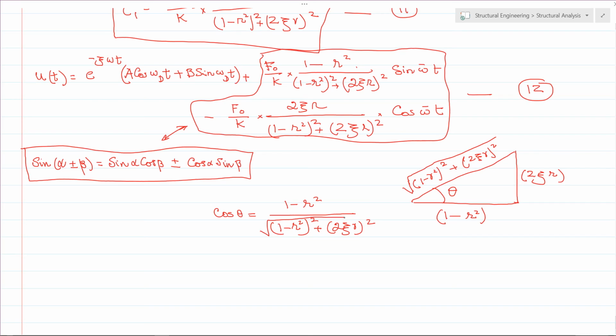Similarly, sine of theta will be equal to 2 xi r over the square root of ((1 minus r square) whole square plus (2 xi r) whole square). And of course, tangent theta will be equal to 2 xi r over 1 minus r square.